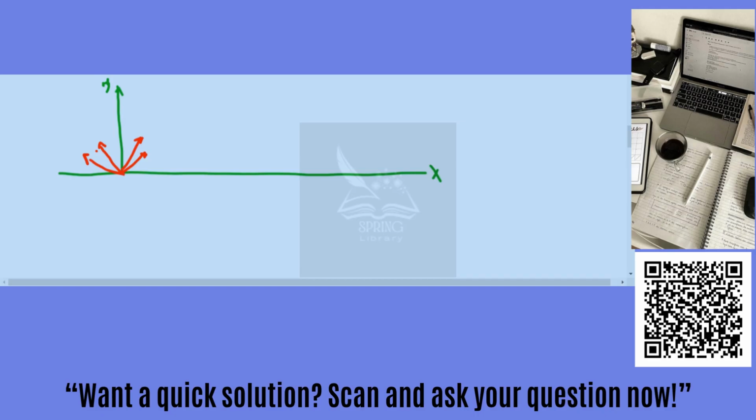Now we're given launch A, B, C, D, and E. So let's see what we can do with that. So the distance away, I'm going to call that X0, is 20 kilometers. That's 20,000 meters.